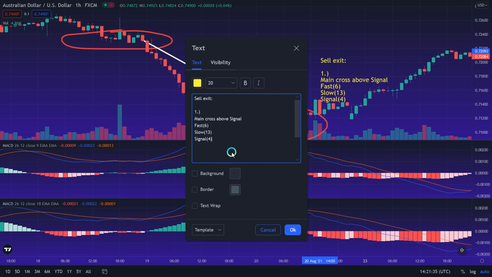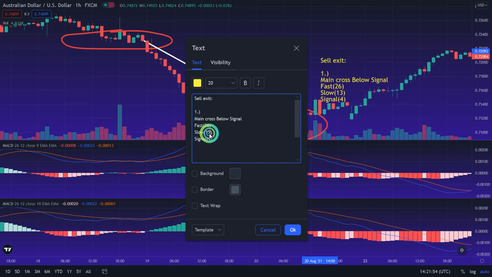Our first rule is really, really simple. And it is that the main line should cross below the signal line, and we have it here.